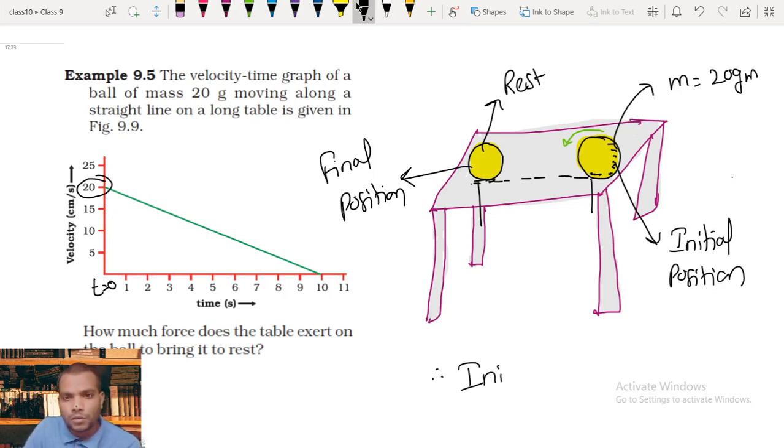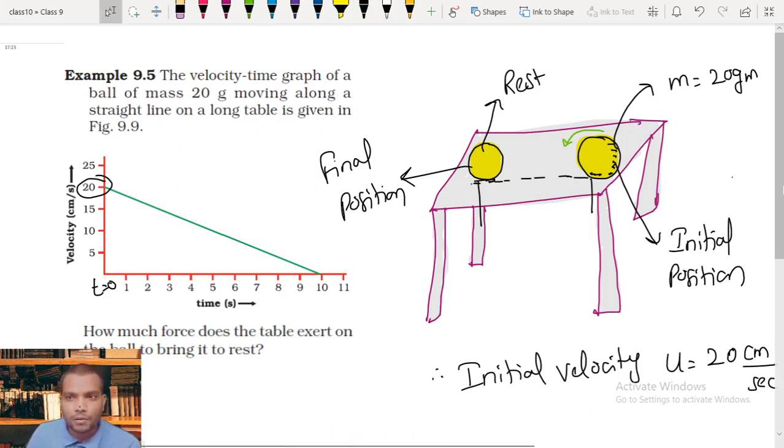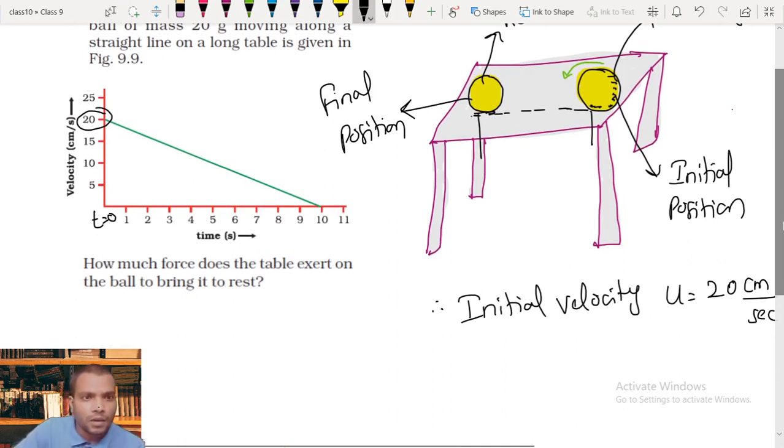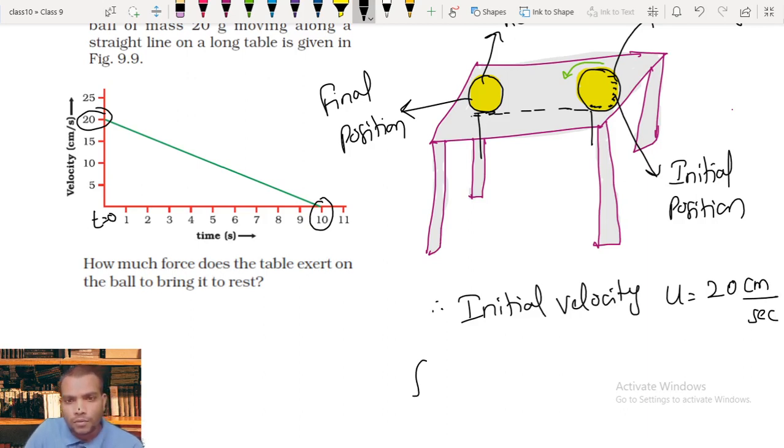Therefore, initial velocity u equals 20 centimeter per second. And the final velocity, from the graph you can see after time t equals 10 seconds, this line is touching 0. Therefore, the final velocity, since the ball is coming to rest, equals 0.